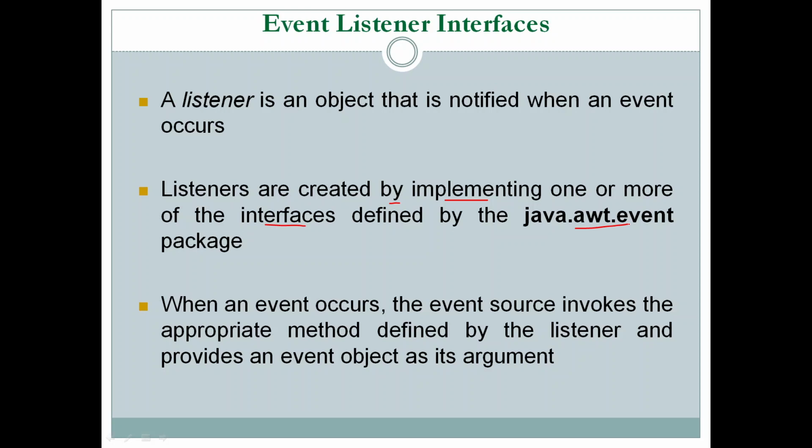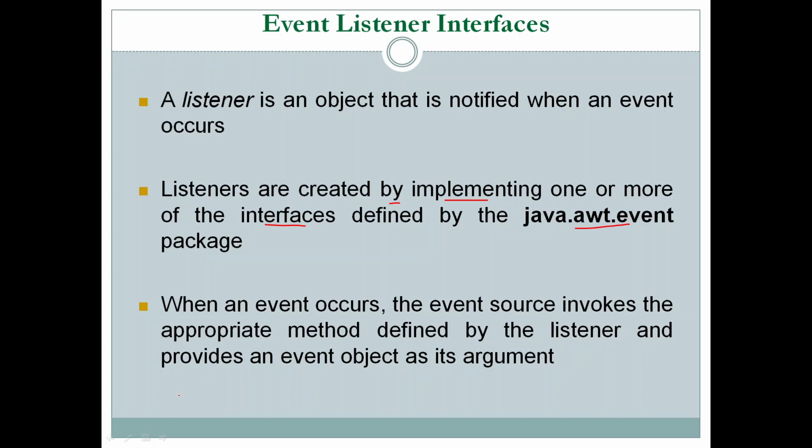Listener classes are created by implementing one or more listener interfaces, and all those listener interfaces are packaged in the java.awt.event package. When an event occurs, the event source invokes the appropriate method defined by the listener and provides an event object as its argument.